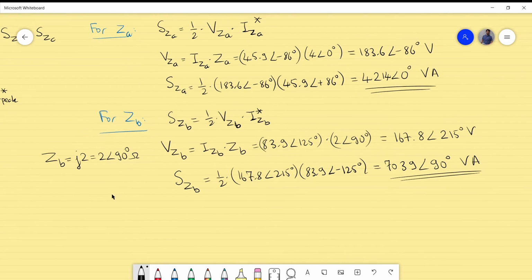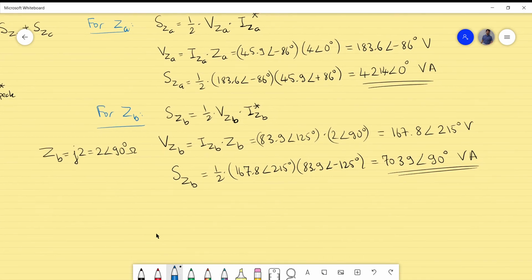So if you do the same procedure for ZC, I will just write down what the formula is for the S of ZC, which is half times the voltage of that times its associated current's complex conjugate. We have the Z of C, which is minus j6, which is 6 phase minus 90 degrees in polar representation, because we need that.